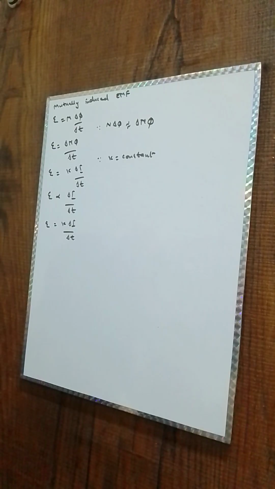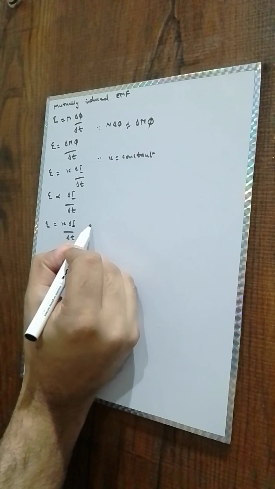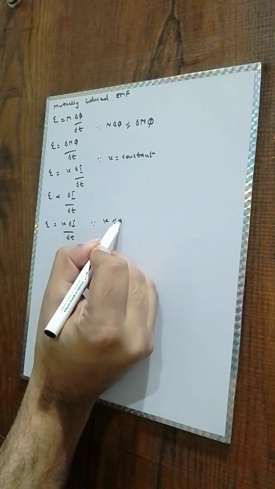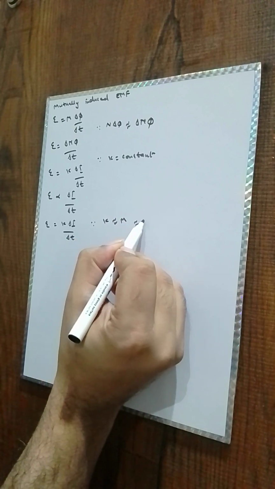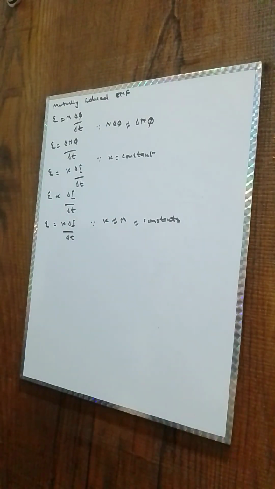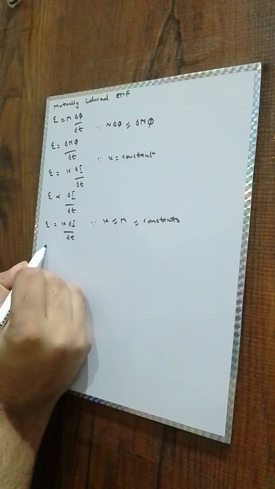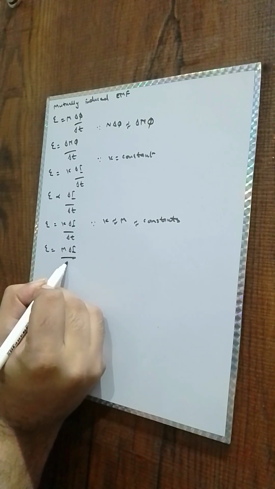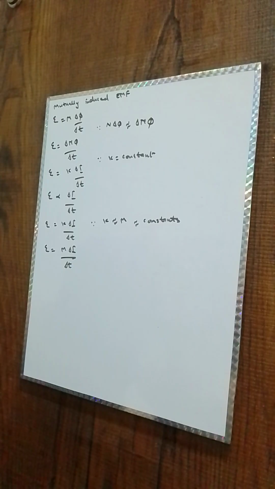This is what we get back to, and now we use m instead of k. K is approximately equal to m, which is the collection of constants. So what we do is E is equal to m delta I by delta t.